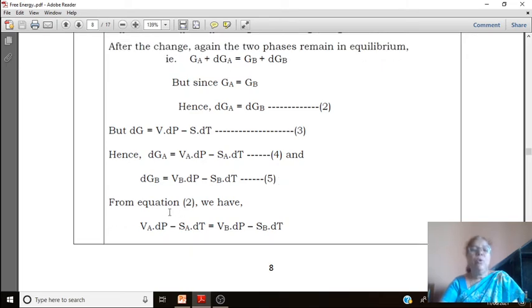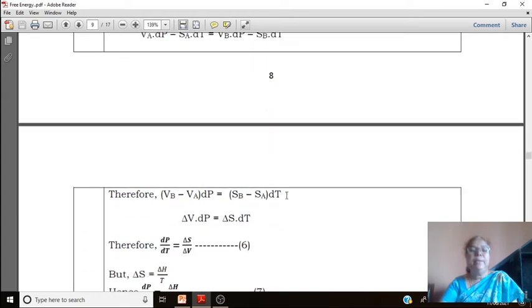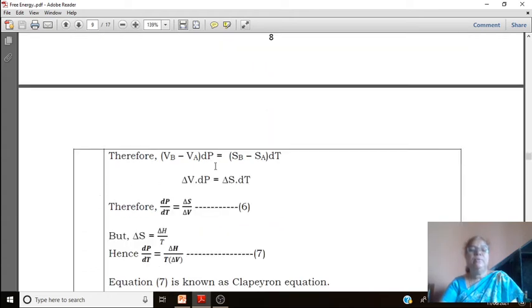Then from equation number 3 we have Va dP minus Sa dT equals Vb dP minus Sb dT. Therefore, Vb minus Va, that is the volume change, into dP is equal to the entropy change into dT.